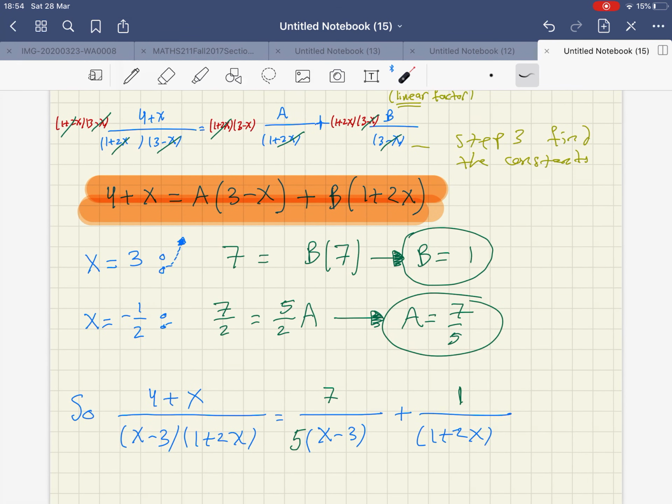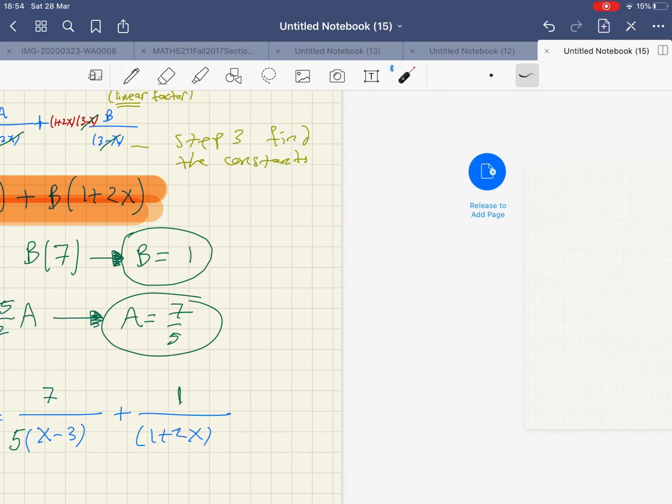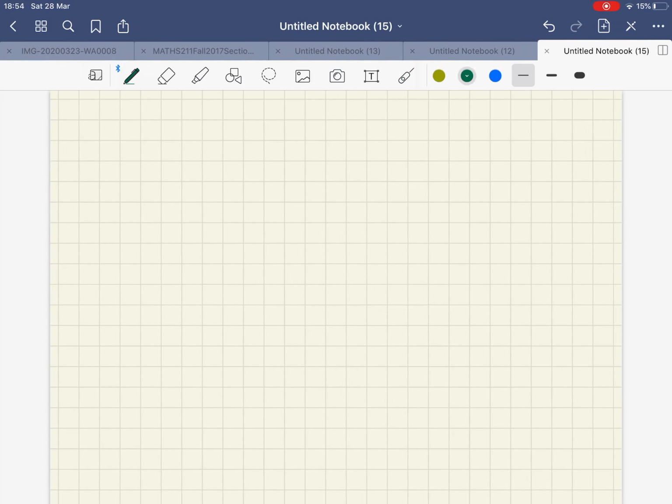Let's see the next example, which is that I want to do the integration of this one. Do you remember? That was my goal. And to do the integration of this one, I just need to do this, which is easy peasy, and I need to do this, which is again easy peasy, because those are very familiar integrals, very easy to do. And that's question number 2 up here.